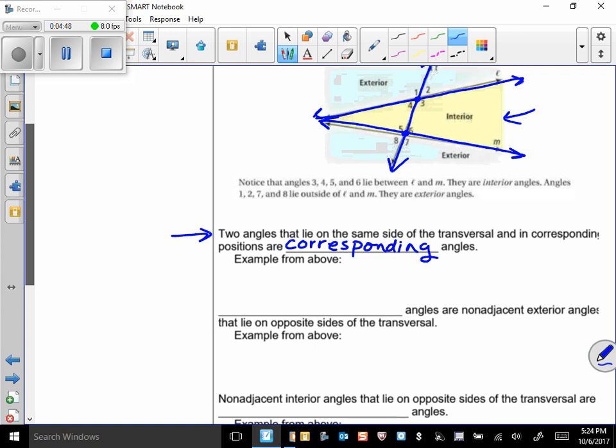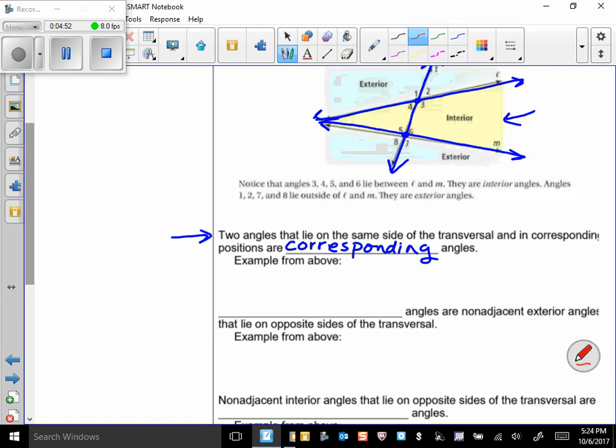So let's get the corresponding angles from our picture. Same side of the transversal, so let me start on the left. Let me highlight my transversal in red here so we don't get confused. There's my transversal. If I start with angle 8, which is below the line, the angle on the left of the transversal and below the line is angle 4.